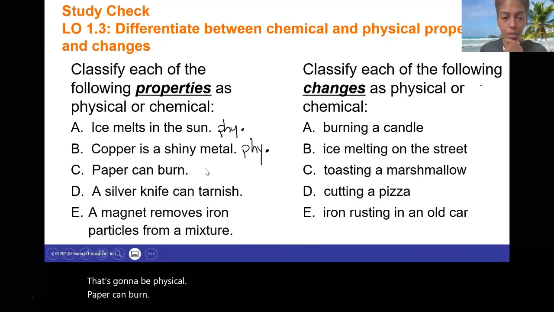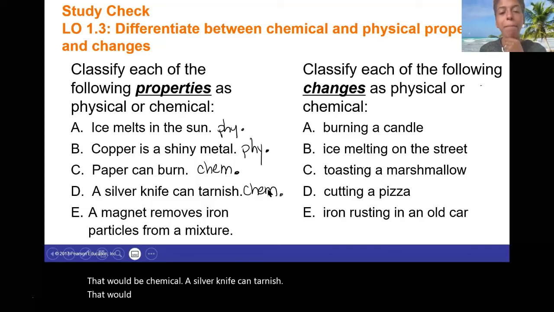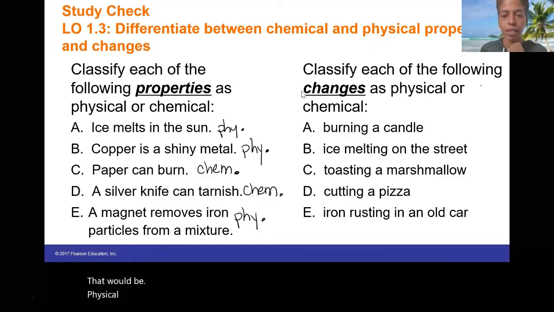That would be chemical. A silver knife can tarnish. That would be chemical. And a magnet removes iron particles from a mixture. That would be physical. The magnet is just physically pulling the metal out of a mixture.